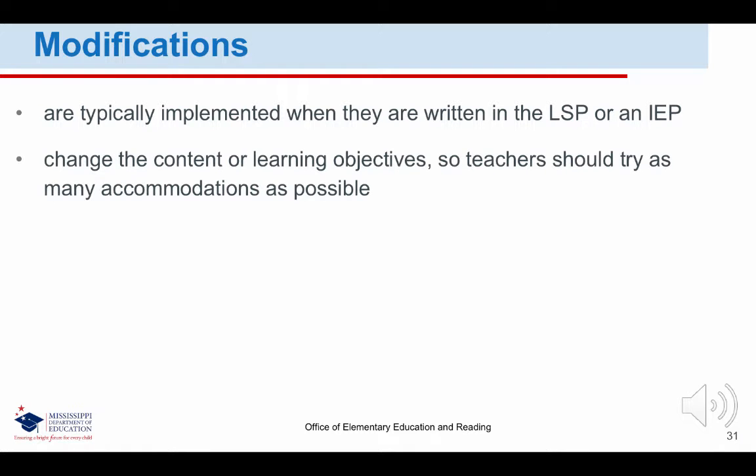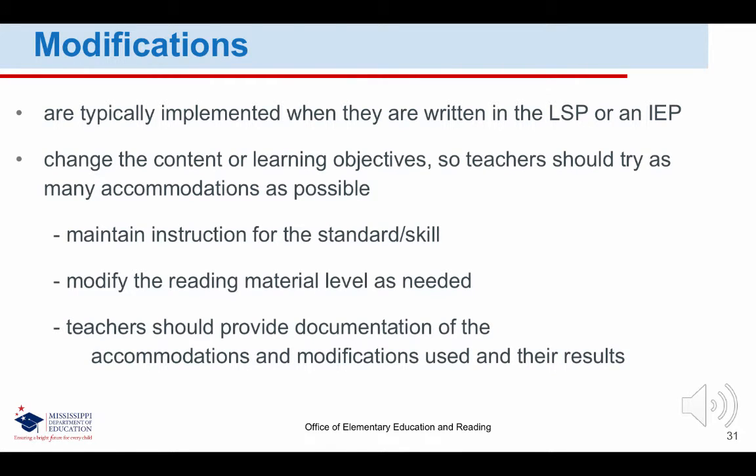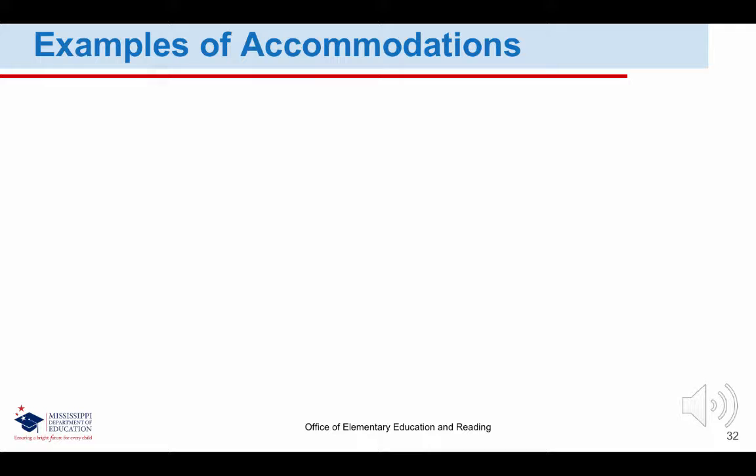They change the content or learning objectives, so teachers should try as many accommodations as possible. You should try to maintain instruction for the standard or skill, but you can modify the reading material level as needed. Teachers should provide documentation of the accommodations and modifications used and their results.